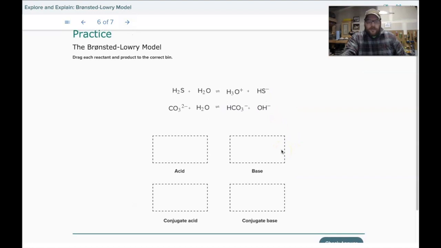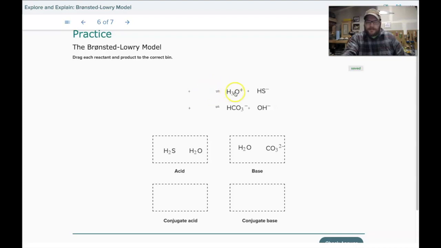All right, so let's put these in pairs. What's this guy? This has a hydrogen up front, so it's probably an acid, and that means this one's the base. Down here, we don't have any hydrogens, but we have hydrogens here, so my guess is that water is going to act as the acid here, and the CO3 is going to be the base in that case.